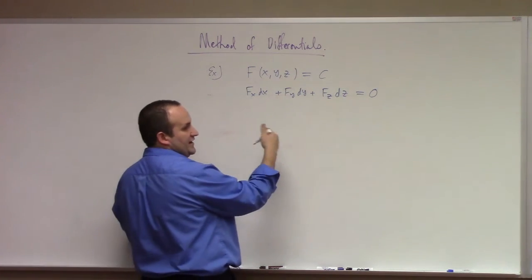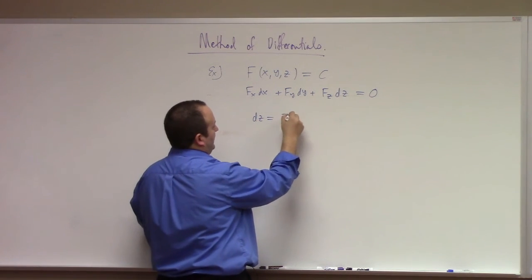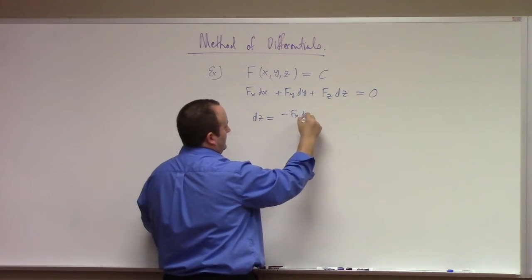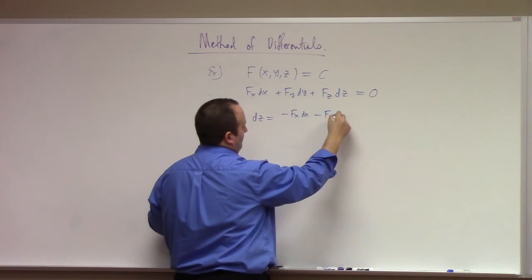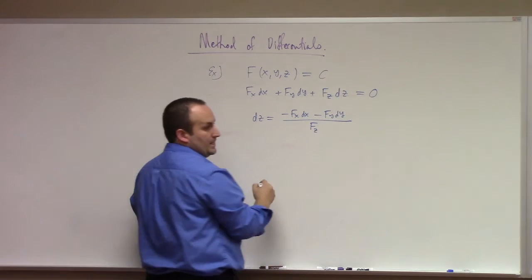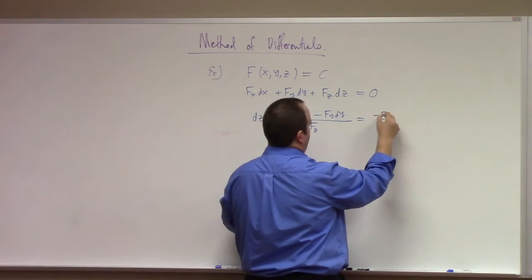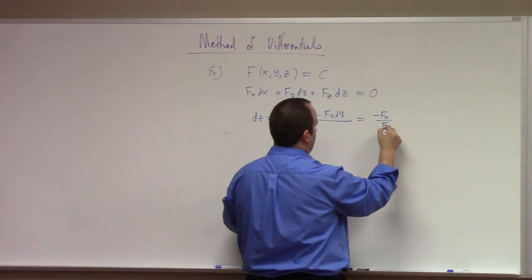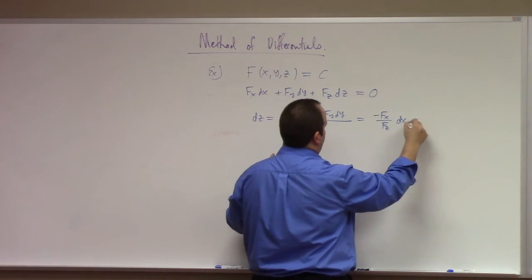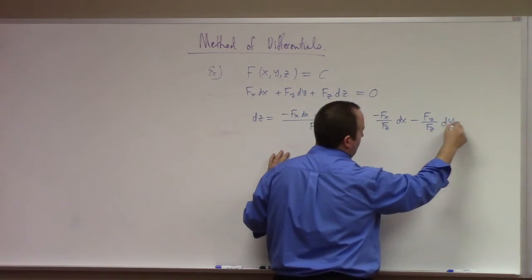So like solve this for dz, for example. dz is equal to what? Minus fx dx minus fy dy divided by fz, right? Or just to expand it out, this is minus fx over fz dx minus fy over fz dy.